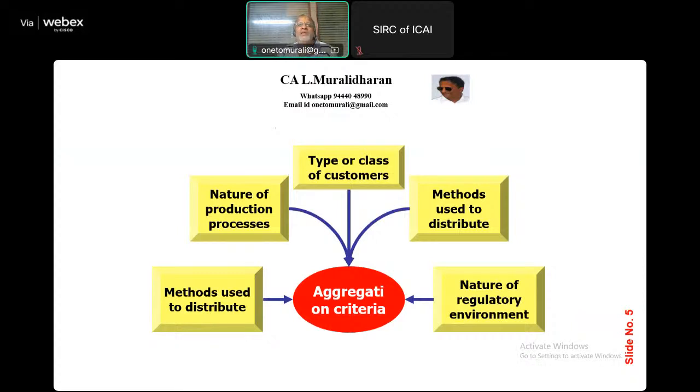There can be different ways of doing it. Say, for example, the population of India can be classified based on gender, based on literacy, based on nature of employment, based on age. You can classify on any basis.